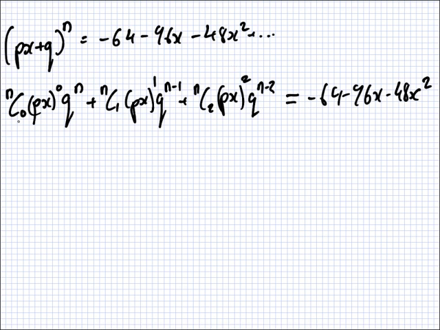What's nC0? 1. The first number is always 1. And (px) to the 0? 1. So what's actually the first one here? q to the n. Now, if you think about Pascal's triangle, you can probably figure out what nC1 is, the next number.